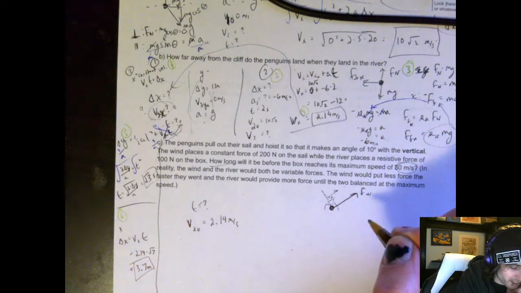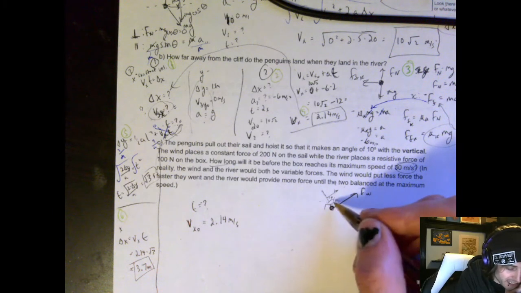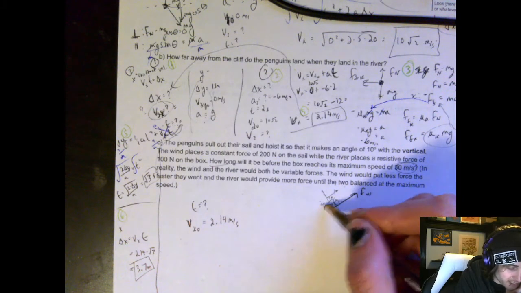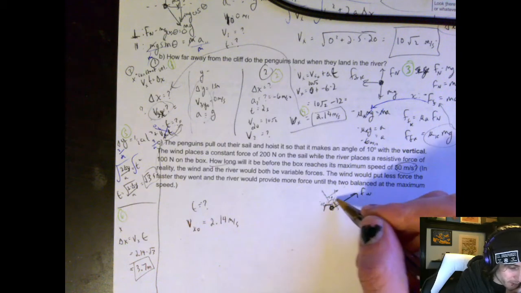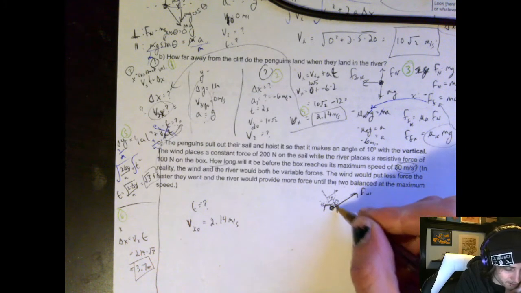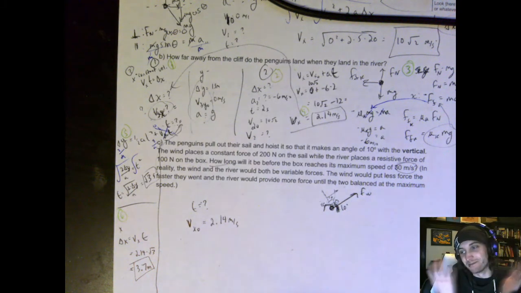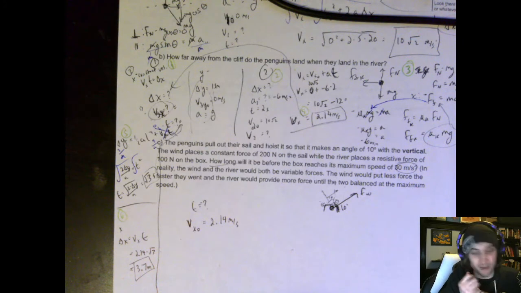For some reason, my brain for explaining geometry is not quite on right now. Yeah, so this is 90 minus 10, which means it's the same as this angle, because this is also 90 minus 10, which means that this angle and this angle add up to 90, which means that this is also 10. Geometry is bad sometimes. It is also part of our life.